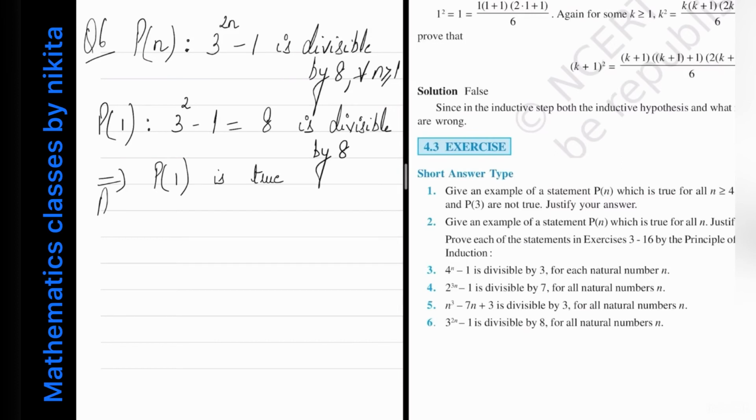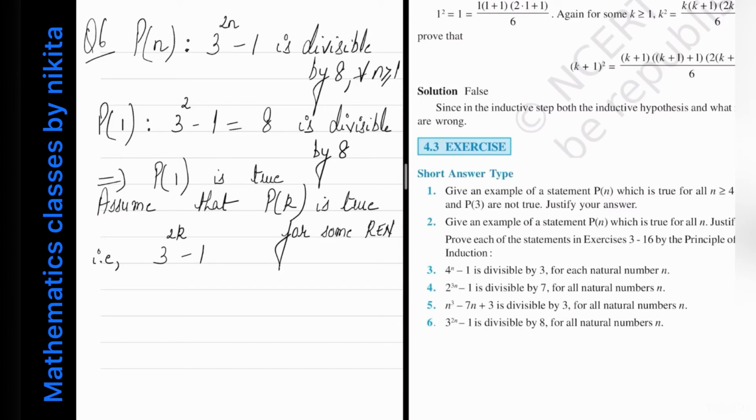Now assume that P of k is true for some k belonging to N. That is, तो हमारे पास क्या आ गया? 3 to the power 2k minus 1 is divisible by 8.